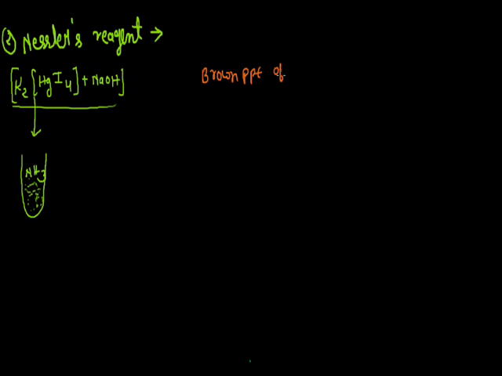Brown PPT of basic mercury(II) amido iodide, which is also called Millon's base.